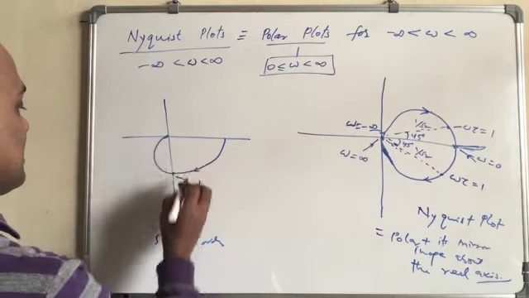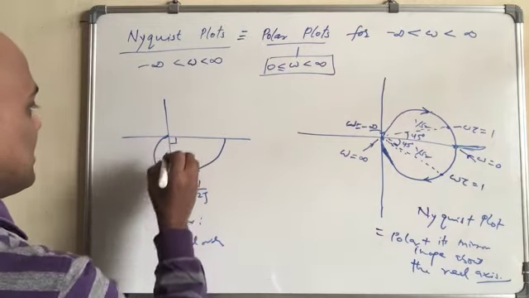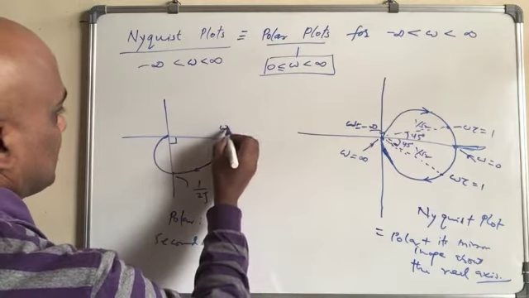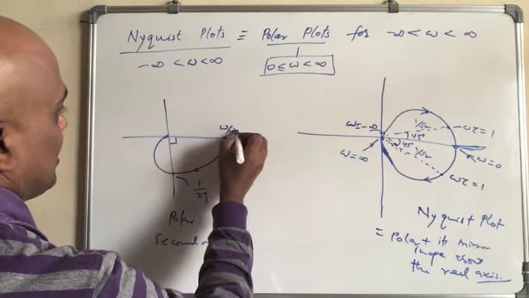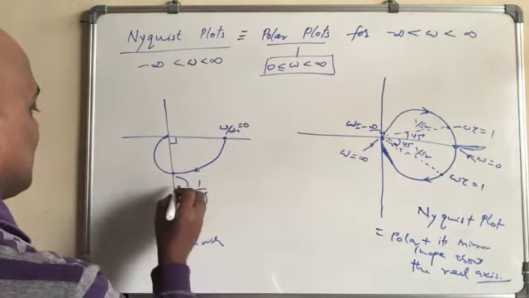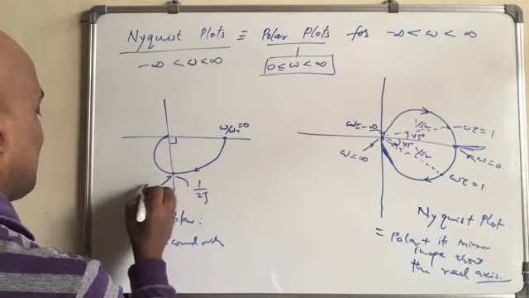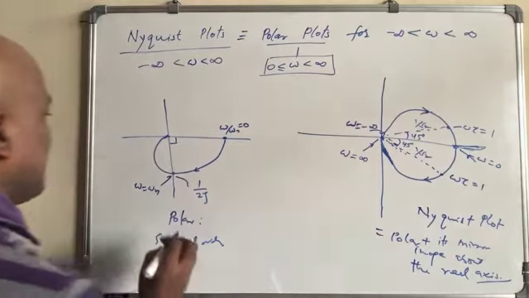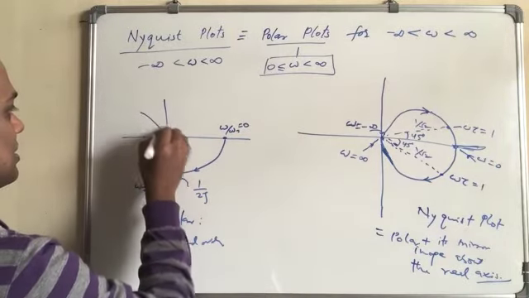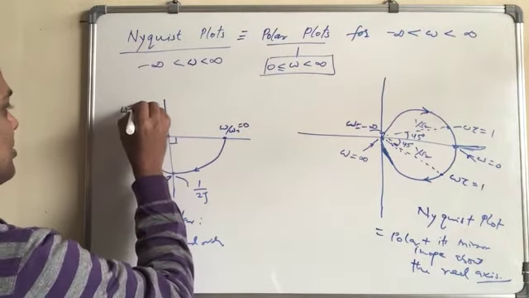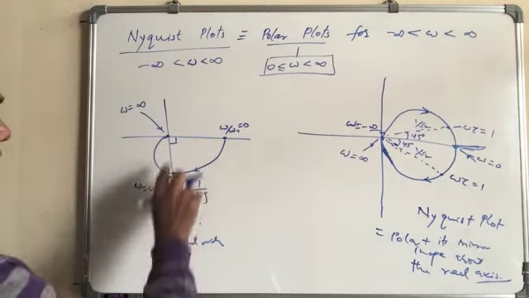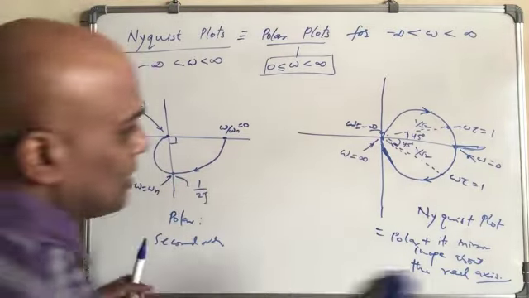And this is 90 degree. This is omega over omega n equal to 0. This is omega equal to omega n, right? And here it was omega equal to infinity. So this is what the polar looks like.